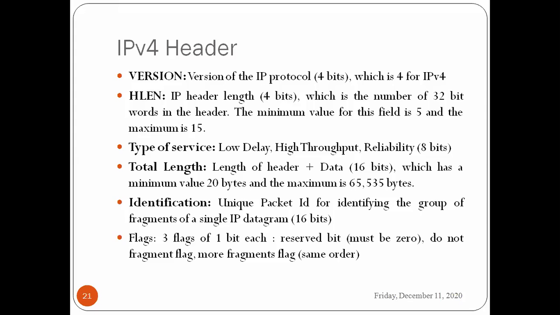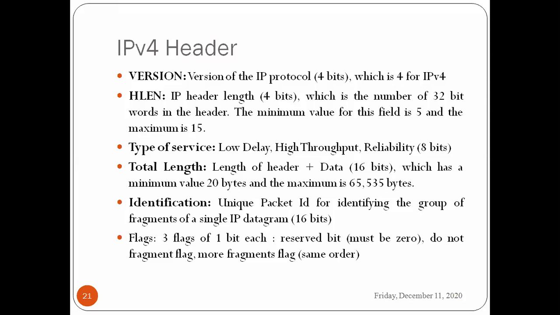Then the identification is a unique packet identification for the group of fragments of a single IP datagram, and it is 16 bits. Then the flag bits. Flag bits are 1 bit each: the reserved bit must be 0, and then don't fragment. So these are indicated by 0, 1, or 2. Based upon the number, we can mention whether it is reserved, don't fragment, or more fragments.